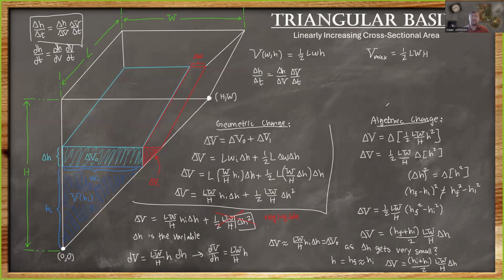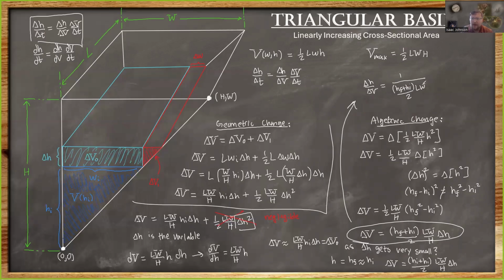All right, so delta H over delta V. We've got the geometric relationship between change in volume and change of height for finite differences. This is where there are 2 points, a wider interval. So we could say delta H over delta V equals 1 over (H final plus H initial over 2) times length times width.